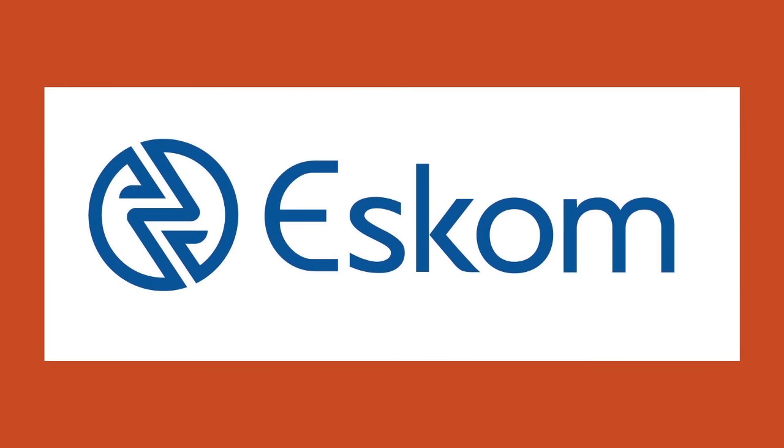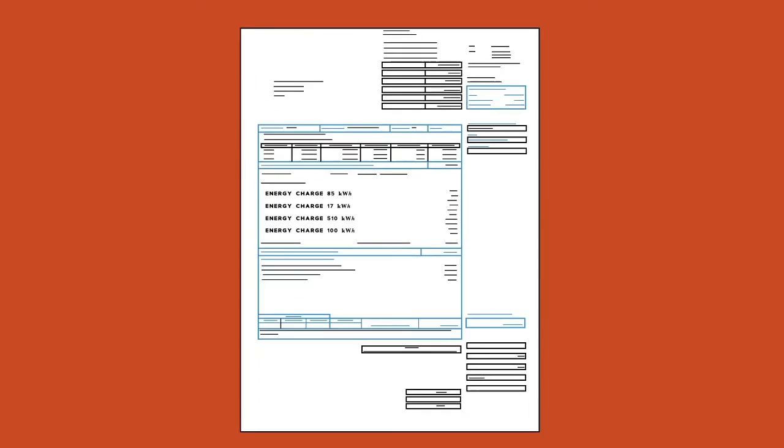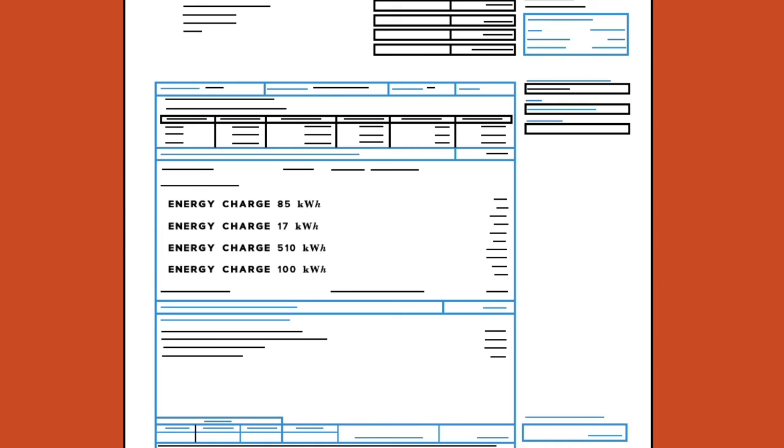Electrical potential energy is supplied by Eskom in South Africa. The municipalities deliver a monthly account, charging those homes for the electrical energy that they've used. Somewhere on the account will be a charge for the number of kilowatt hours of electricity that were consumed.